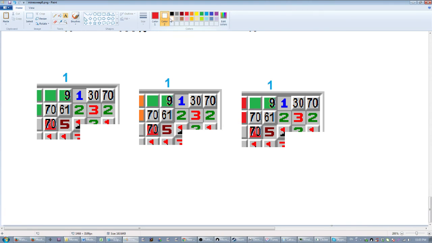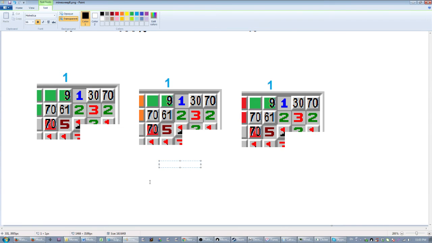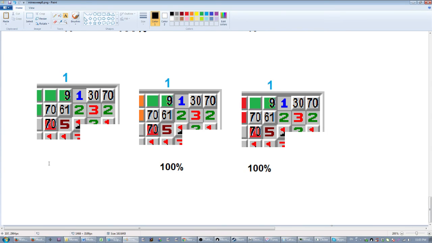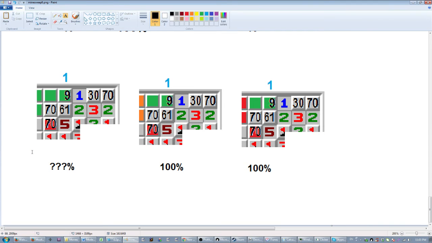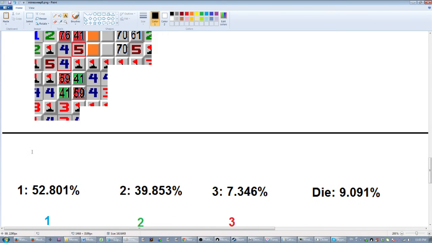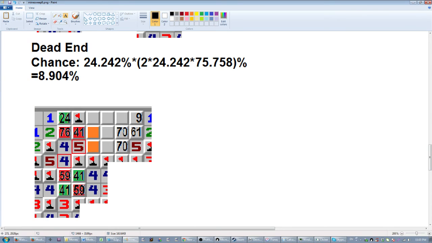And for those, dead end chance is 100% and 100%, and here I don't know. I don't know yet until I check this whole thing. That is 3, 1, 2 here.